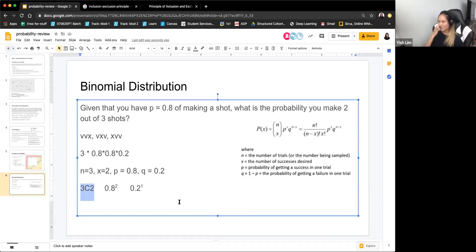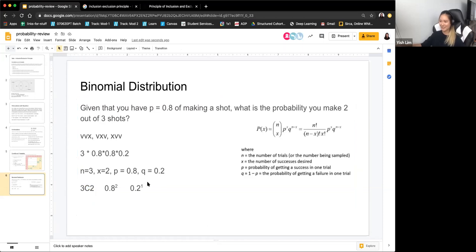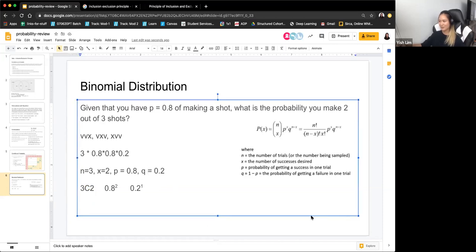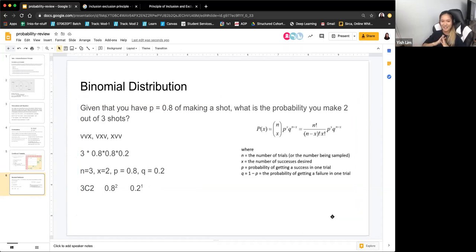If you were to evaluate all of the probabilities of making 0, 1, 2, or 3 shots, they actually add up to 1 really nicely. That's really awesome because that's one of the axioms of probability, that all outcomes' probabilities have to sum to 1. I believe they ask you to do that in the labs as well. But yeah, that's binomial distribution. Any questions?